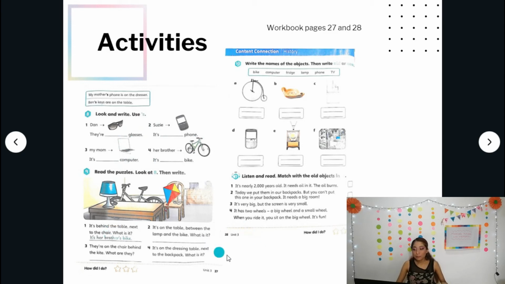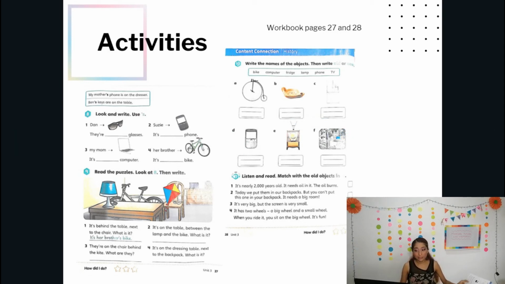The next page, page 28, activity 10, says, write the names of the objects, then write new or old. So you're going to use information from the box so you can complete. You have bike, computer, fridge, lamp, phone, and TV. And you have A, B, C, D, E, F. You need to look at these pictures.